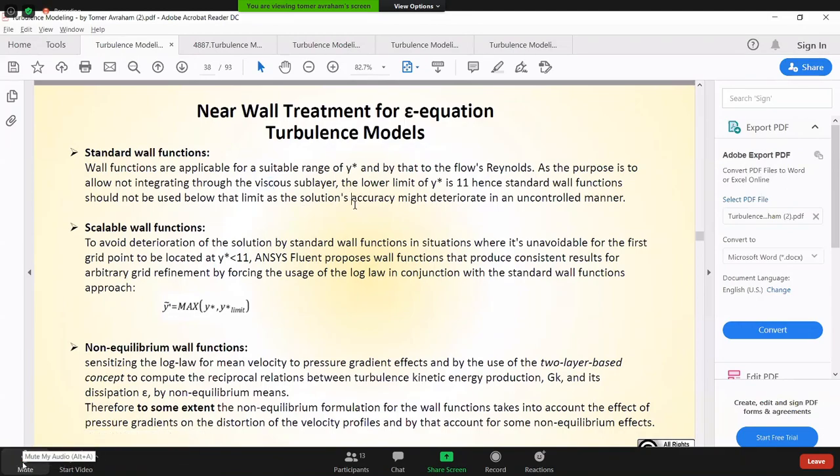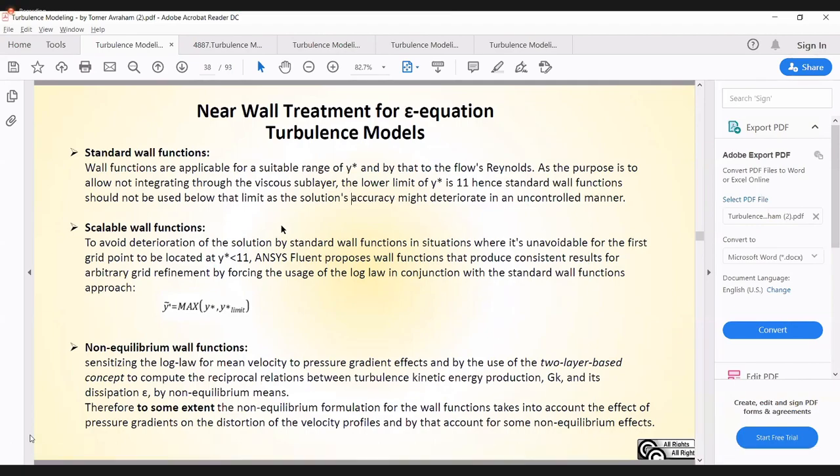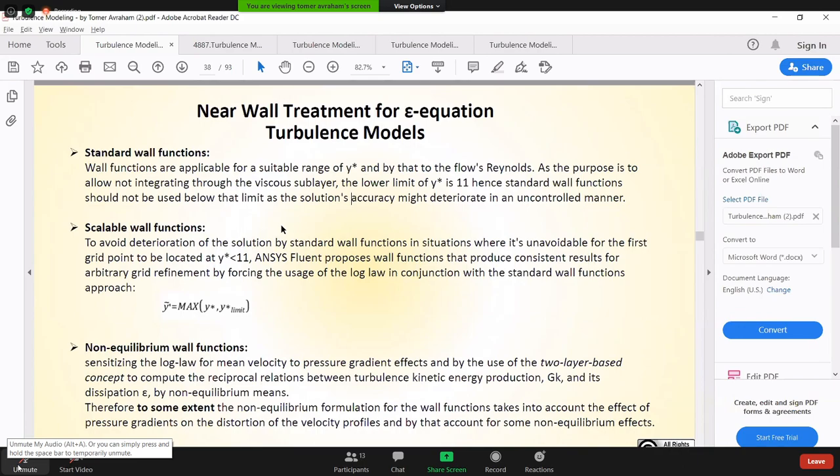But you should be very wary, because what counts in the end is your V and V. And what counts before the V and V is the way you model the boundary layer, because turbulence needs a wall.